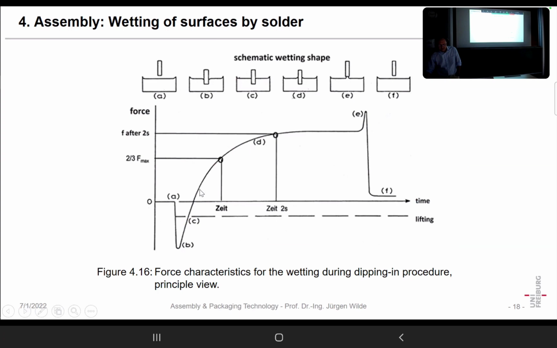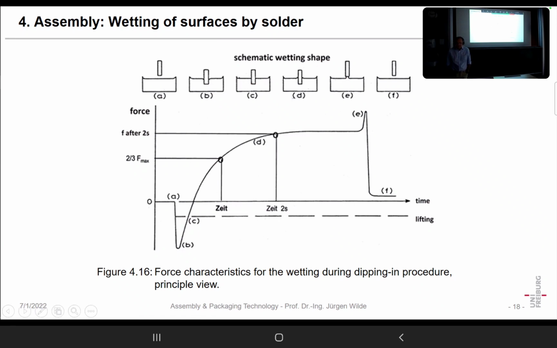That's like equilibrium. And then the force goes up, and that means the surface tension now, as it wets, pulls down. And of course, when the wetting is good, you have a higher force where the surface tension pulls, or the wetting force better pulls. And then it goes into an equilibrium.